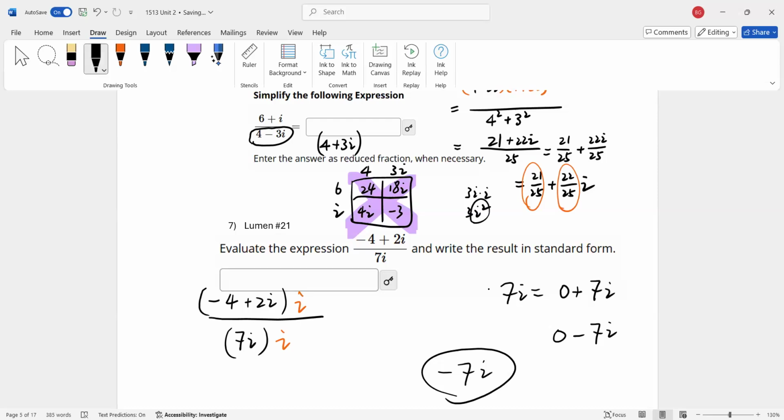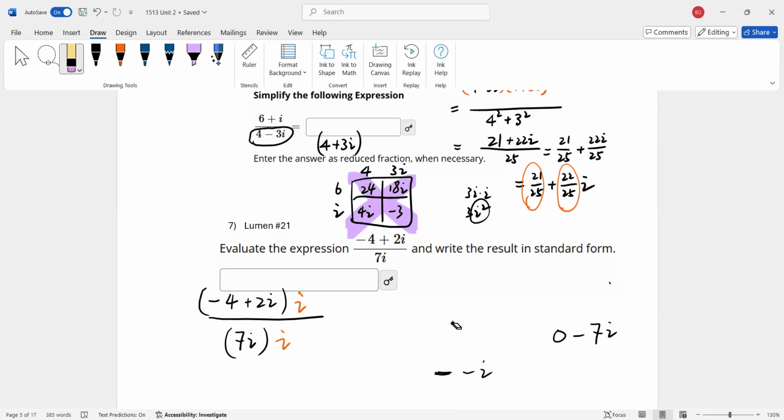But you will find out the negative 7 is actually not necessary. When the denominator does not have the real part, all we need to do is to multiply both numerator and the denominator by the imaginary unit.